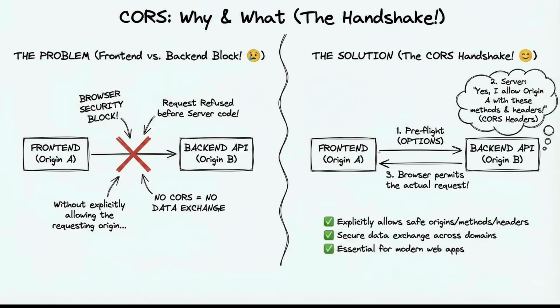Enabling CORS tells the browser which origins, methods, and headers are safe to use so the client and server can exchange data securely. In practice, setting CORS is vital for modern apps where the UI is often served from a different domain than the port on the backend.